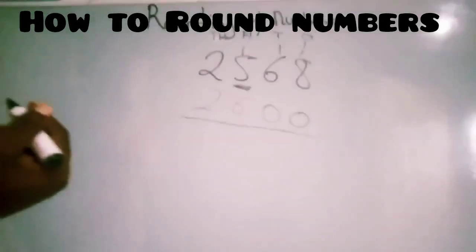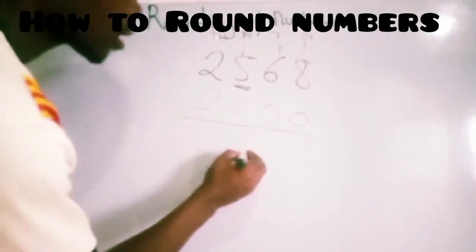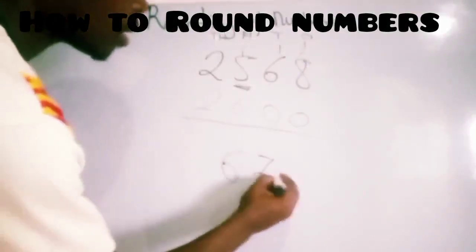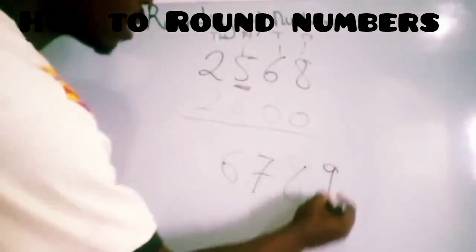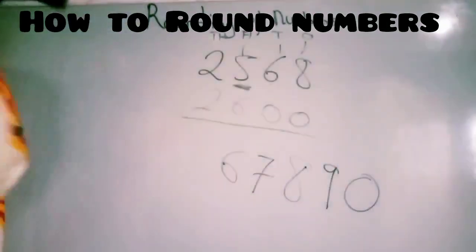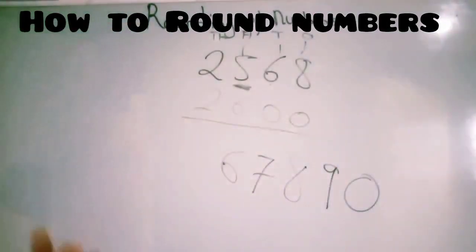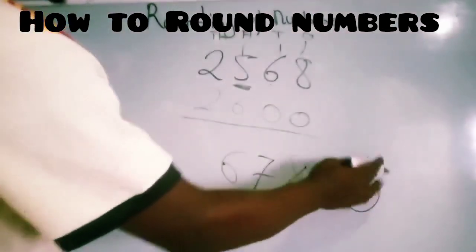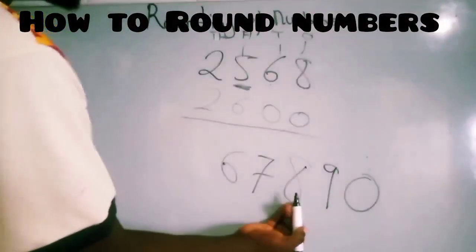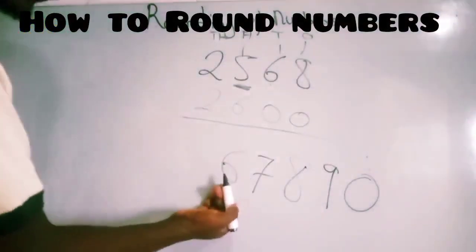Look at another example. You'll have 6,789,0. Round this to the nearest 100. As usual, this is your ones, this is your tens, your hundreds, your thousands, and this is your 10,000s.